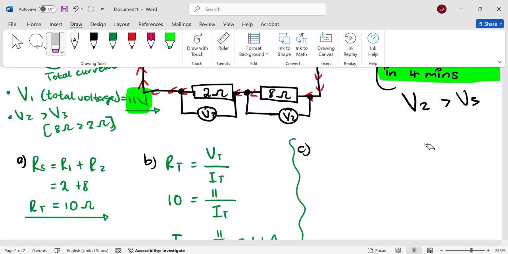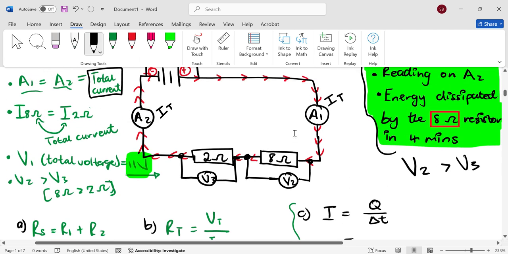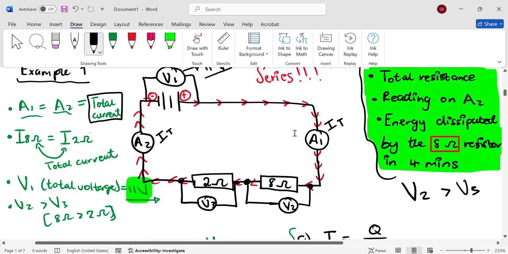So how do I get my Q? Well, I can use I equals Q over delta T. So what is my I? My I is the current. Now, question: do you think the total current would be the current through the 8 ohm resistor? If you said yes, be very proud of yourself. Why?